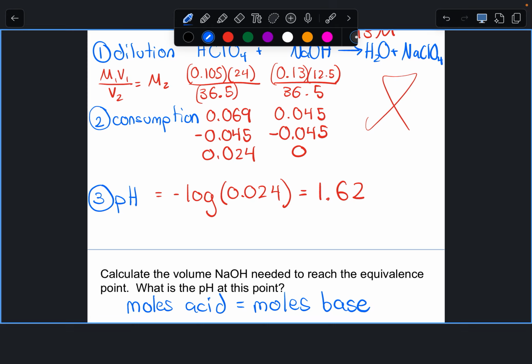Okay, remember that the key point of the equivalence point is that the moles of the acid equal the moles of the base.